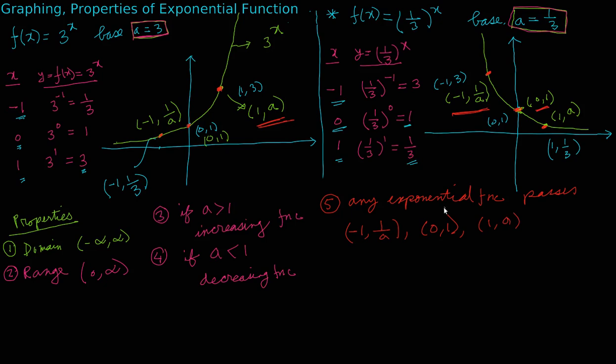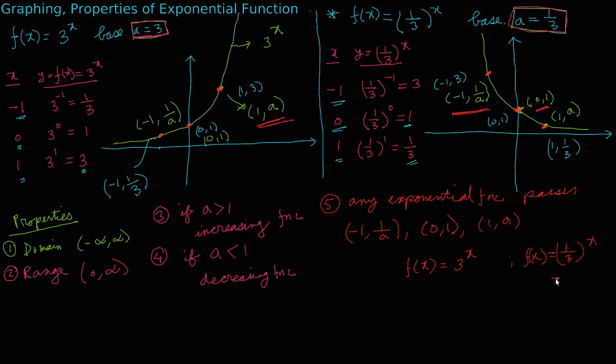Now another thing I want to point out to you is, so you see I have written 2 functions. What is my first function? Function of x is 3 power x. And what is the second function I wrote? Function of x is 1 over 3 power x.